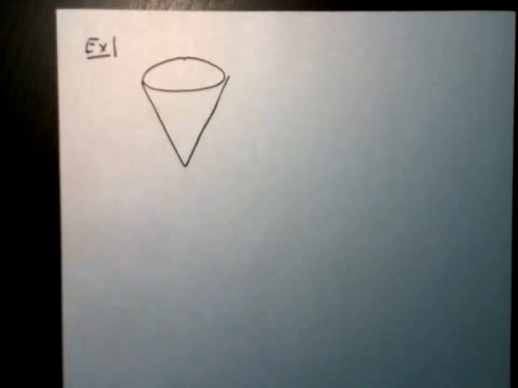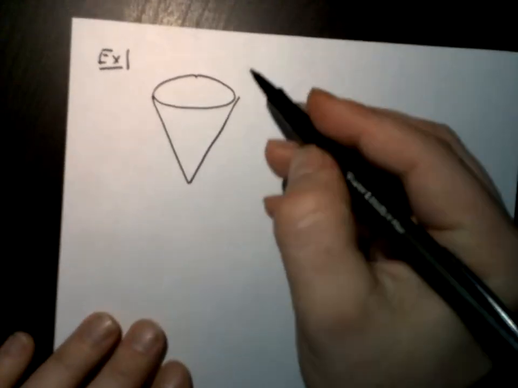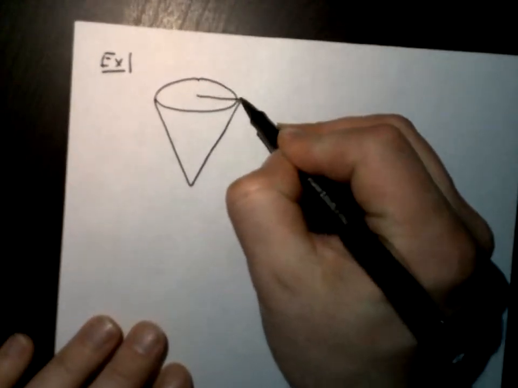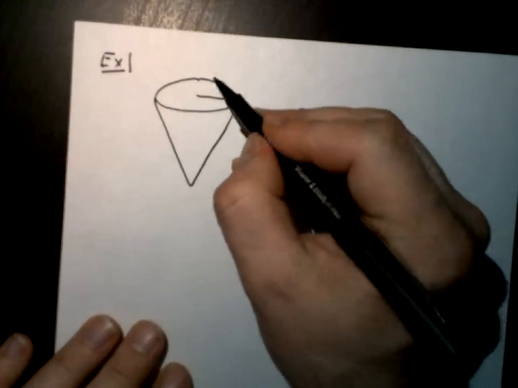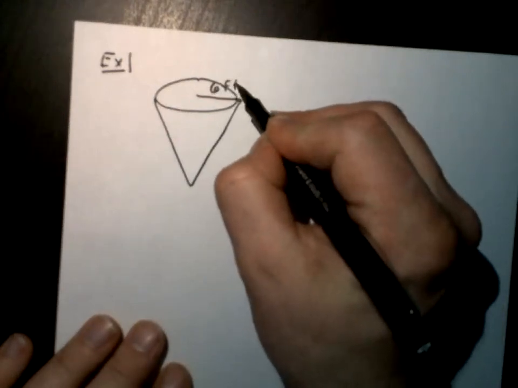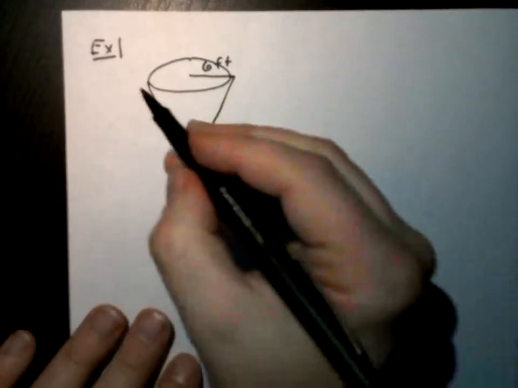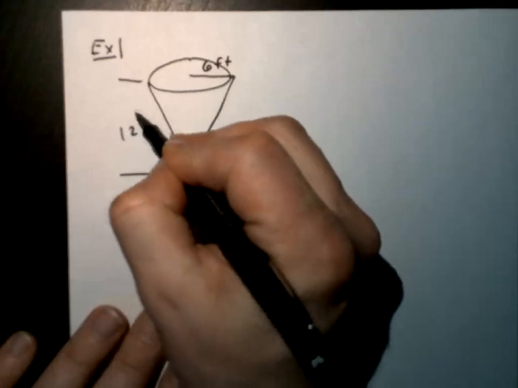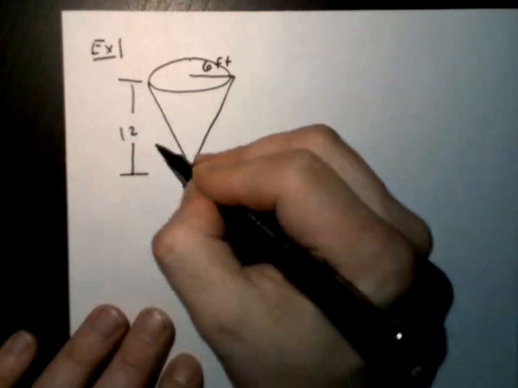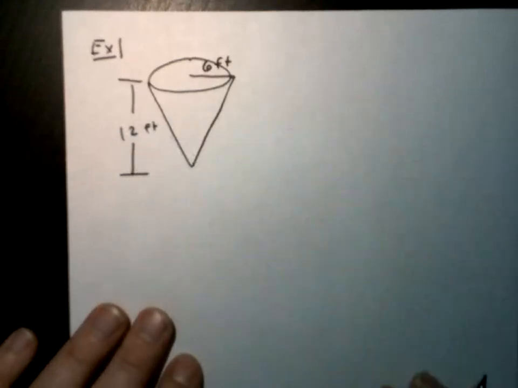We have this cylindrical cone, and we have some stuff working with it. This radius is, let's say, 6 feet. The height of the whole thing is 12 feet. I guess we should put feet, huh? Okay.